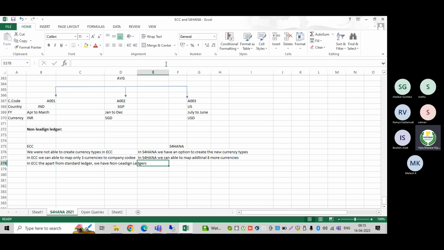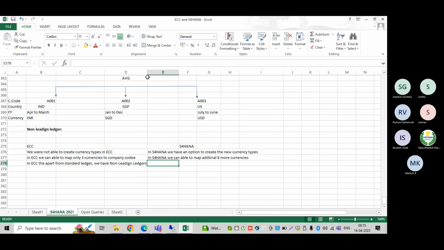But now in S4 HANA, apart from leading and non-leading ledgers, we have the extension ledger and the predictive ledger. I can show you: if I go to the ledgers, you can see here the extension ledger.